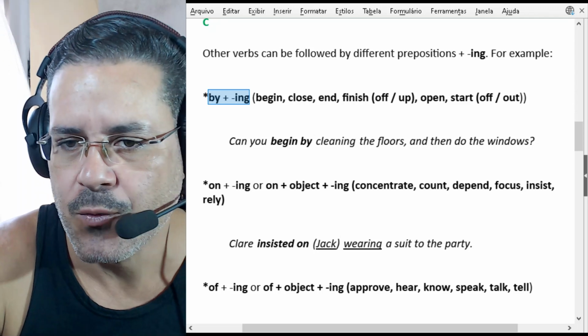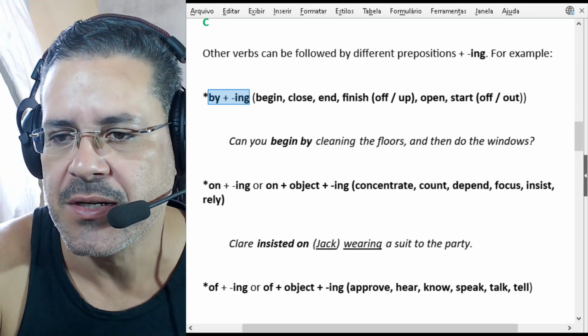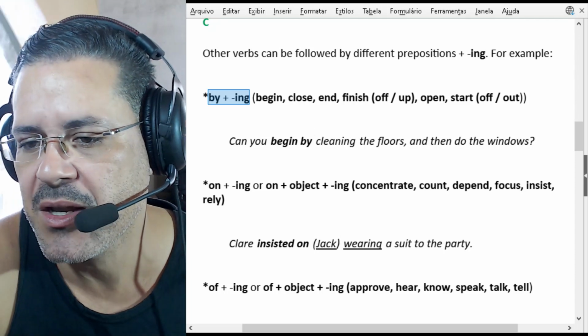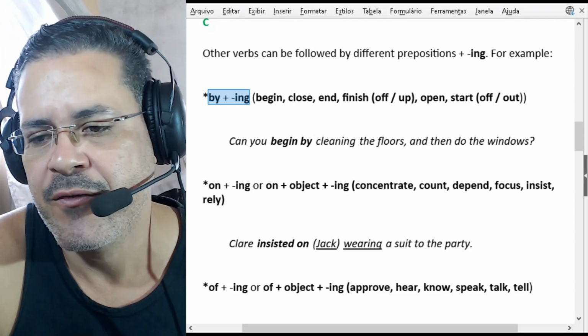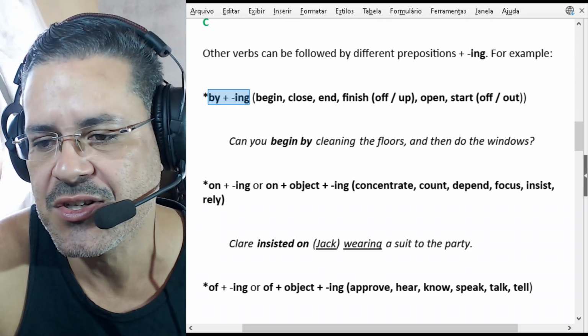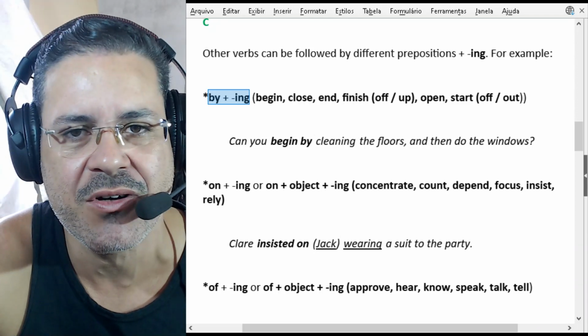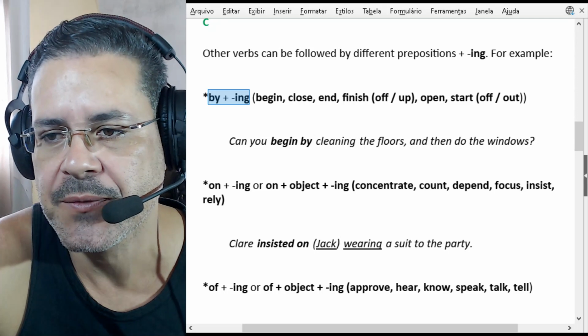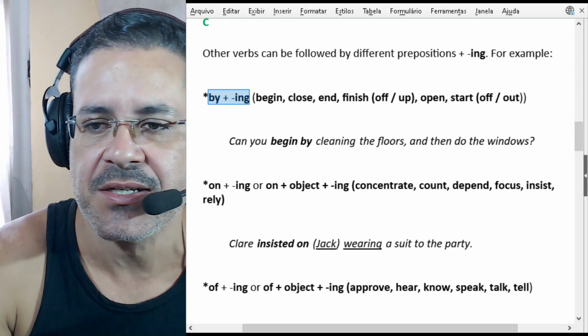Let's check that phrasal verb out. Start off. What does that mean? Start off means to begin to move. For example, the horse started off at a steady trot. And also we've got start out.